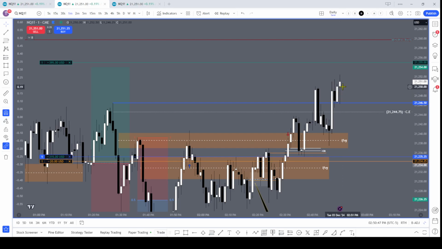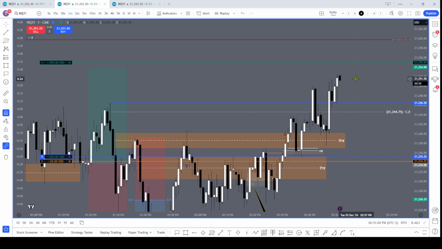Down close candle here, price open, came down, touch the old high, boom, algorithmic, boom. Closed above the high.